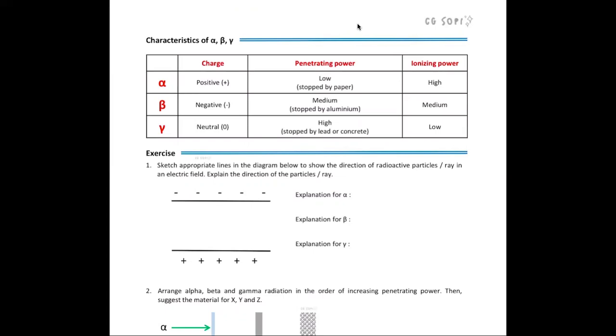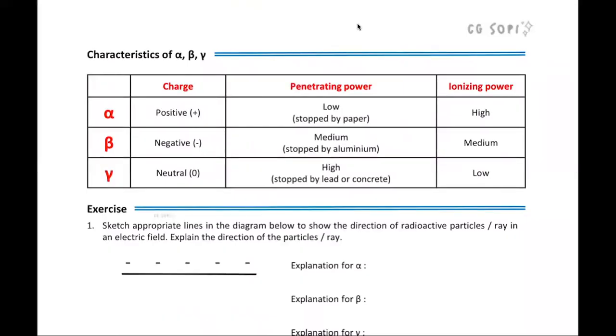We know that in terms of charge, alpha particle is considered positive. In terms of penetrating power, because the mass of an alpha particle, helium-4 2, is quite big and the size is big, the penetrating power is very low. It cannot penetrate through paper.